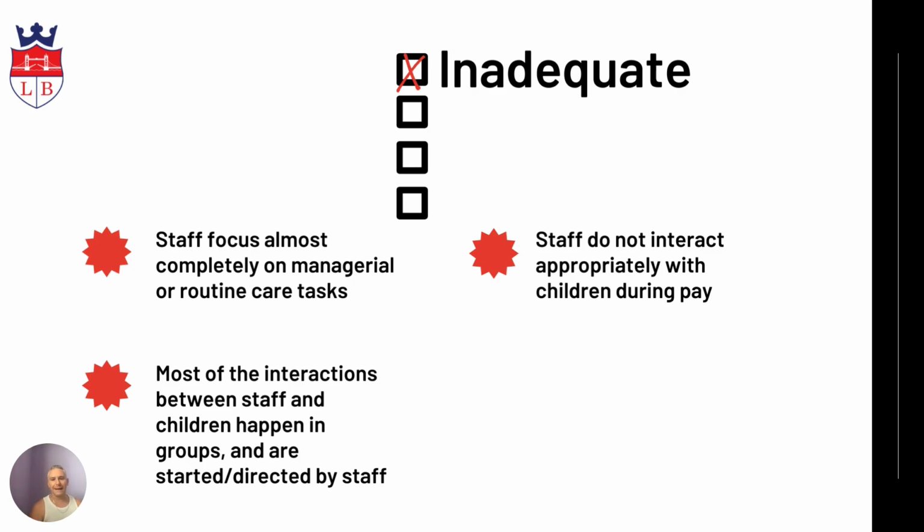Staff do not interact appropriately with children during their play. So all of the things that we've just spoken about aren't happening. If you're doing any of those things, you're coming out at inadequate, you're stuck at a number 1.